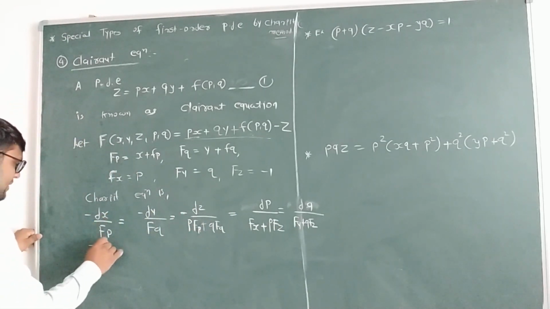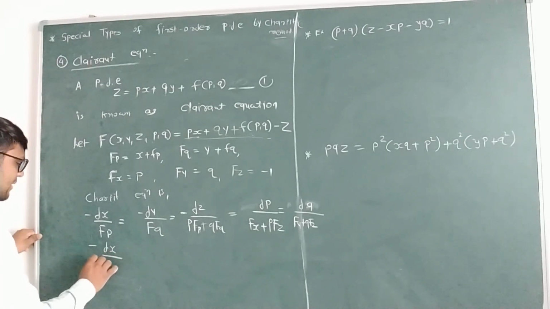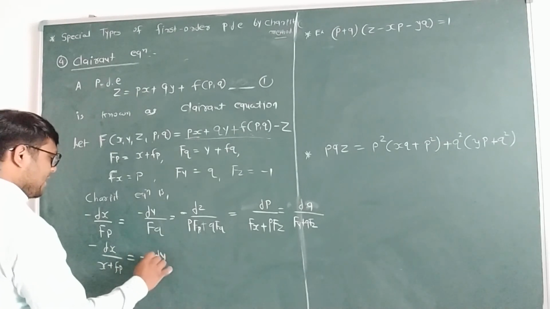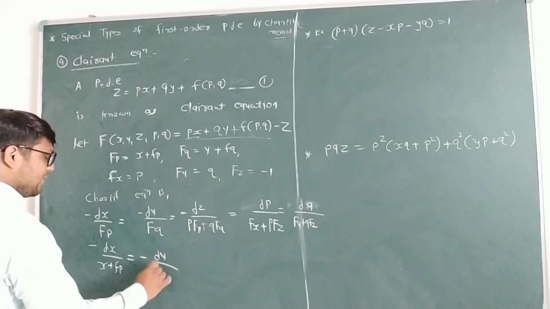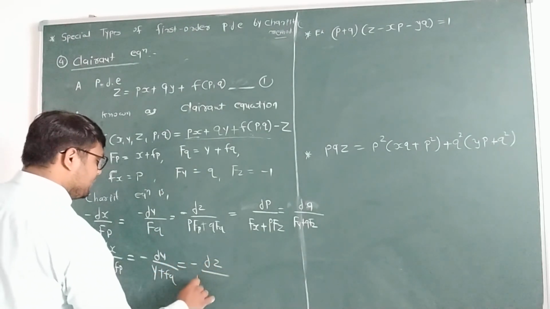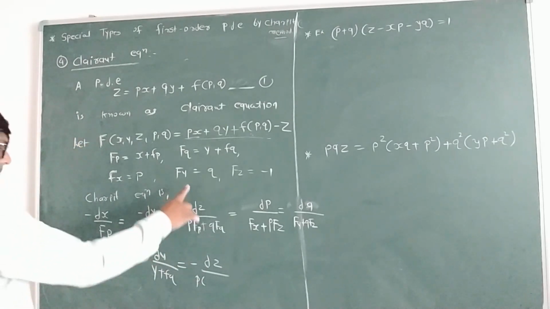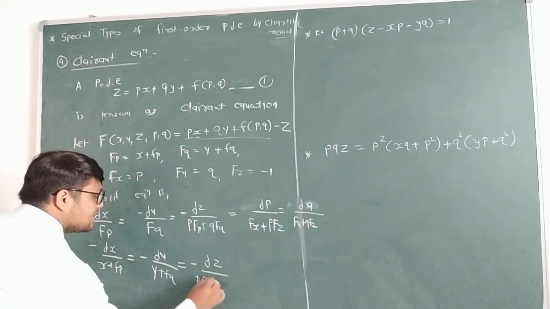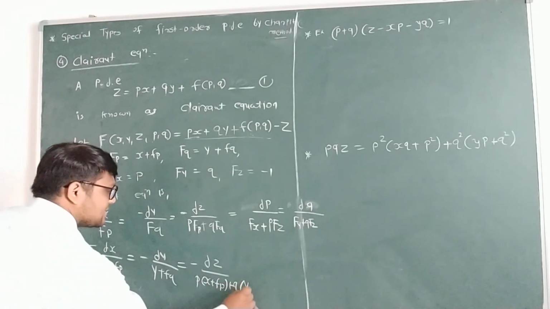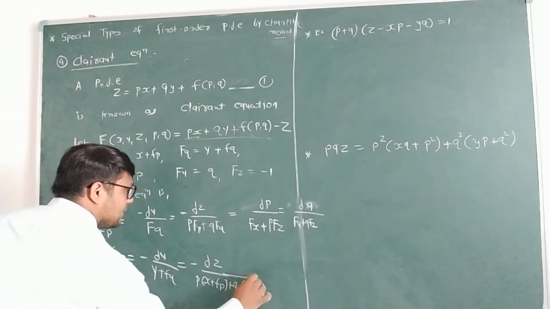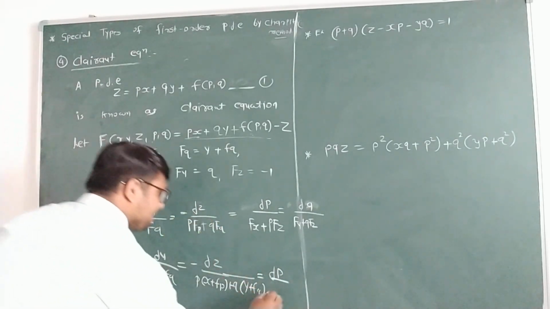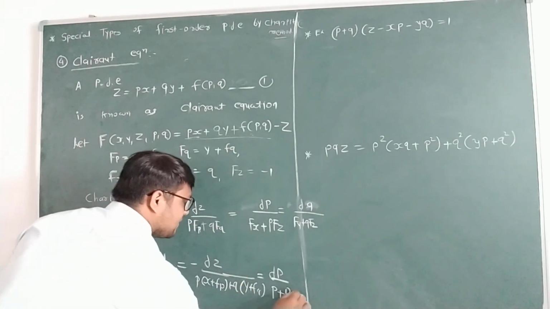So therefore minus dx by fp, fp is nothing but x plus fp, equals minus dy by fq, fq is nothing but y plus fq, equals minus dz by p into fp, fp is x plus fp, plus q into fq, fq is y plus fq, equals dp by fx, fx is p plus p fz, fz is minus 1.